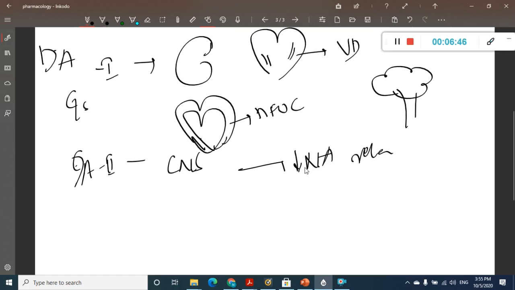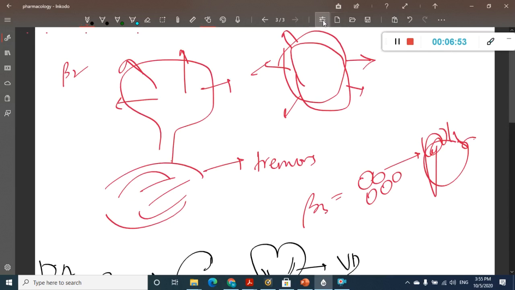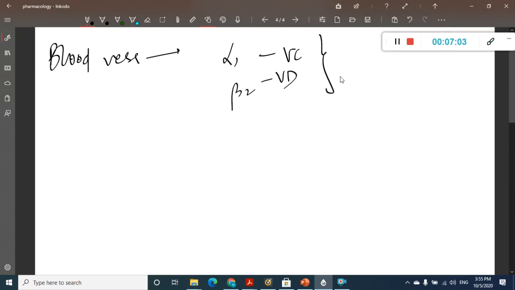If you remember, we have double actions in many organs. Let me summarize. In the blood vessels, alpha 1 causes vasoconstriction, whereas beta 2 causes vasodilation. What do you think: will there be vasoconstriction or vasodilation? This depends mainly on the dosage.